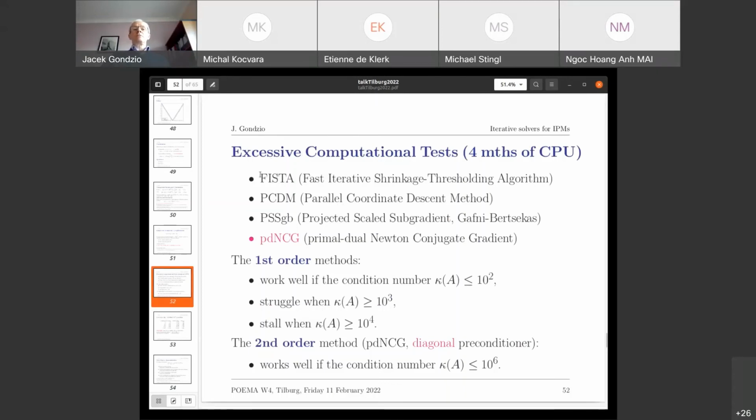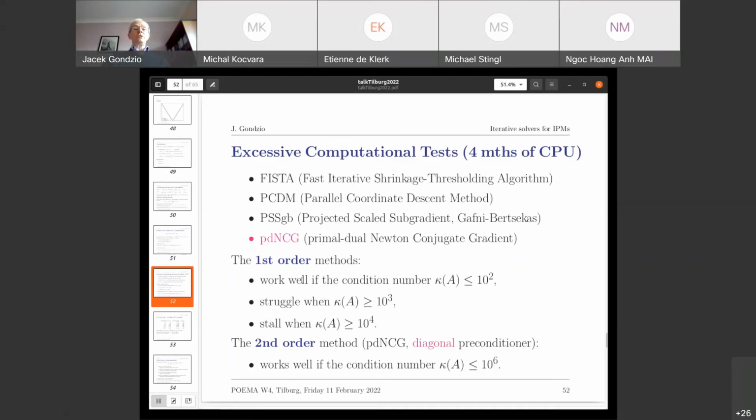And we ran 4 algorithms: FISTA, parallel coordinate descent method, projected scaled subgradient method, and our primal dual Newton conjugate gradient. It took a lot of sweating by the computer. Overall, the computer was working for 4 months to run all these tests.